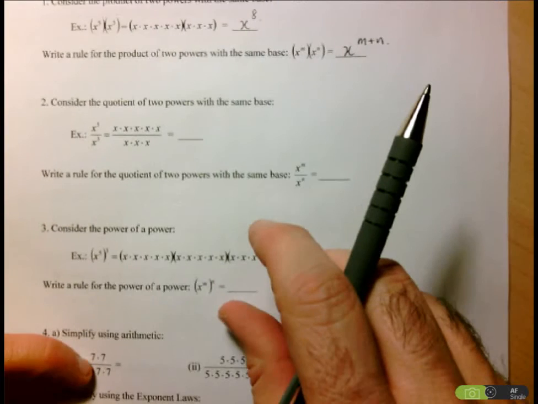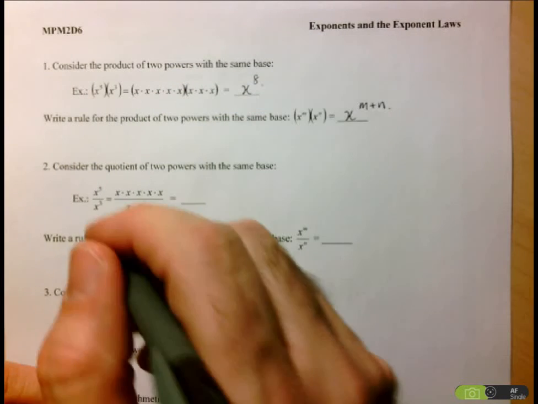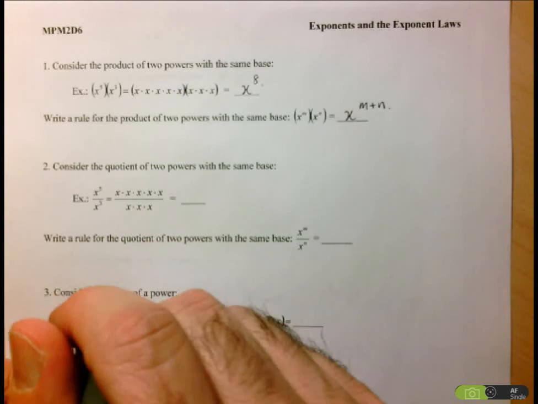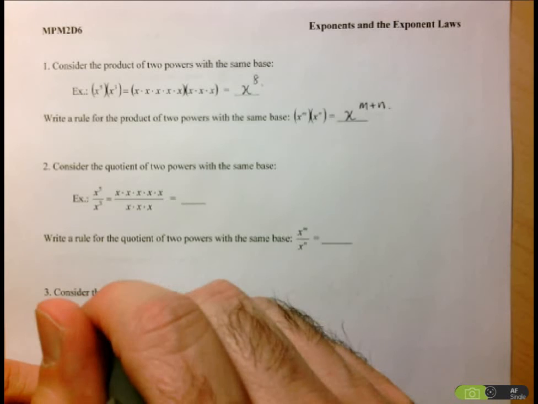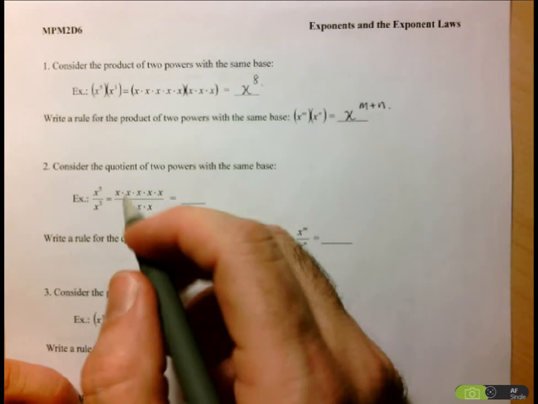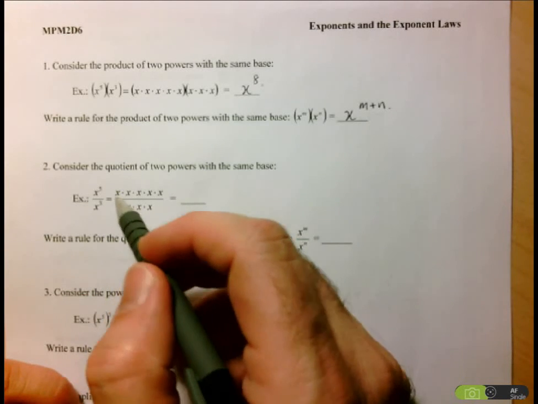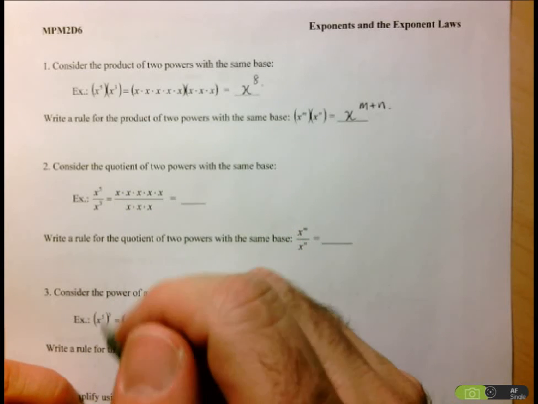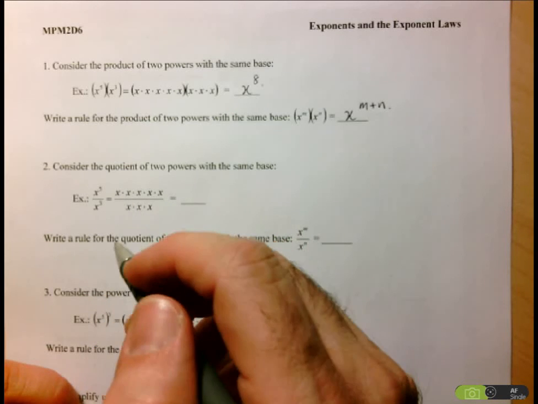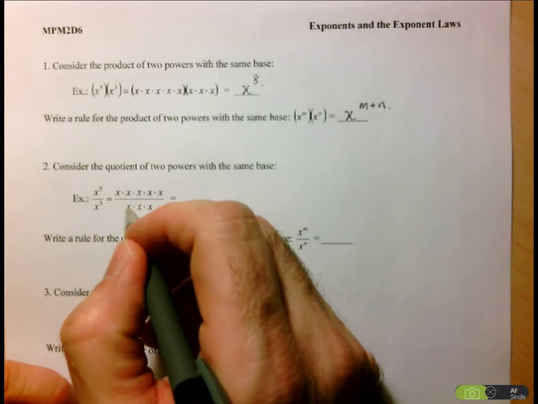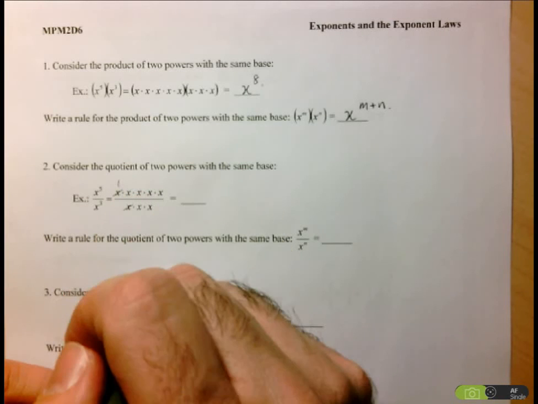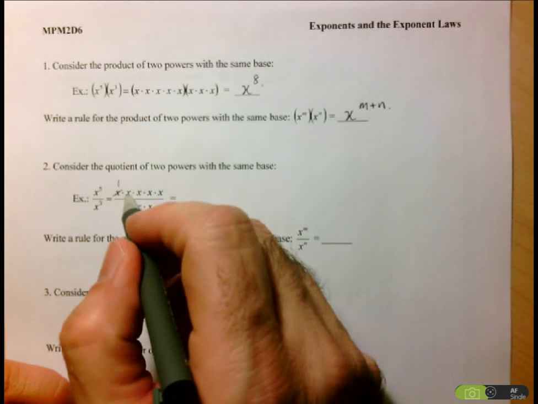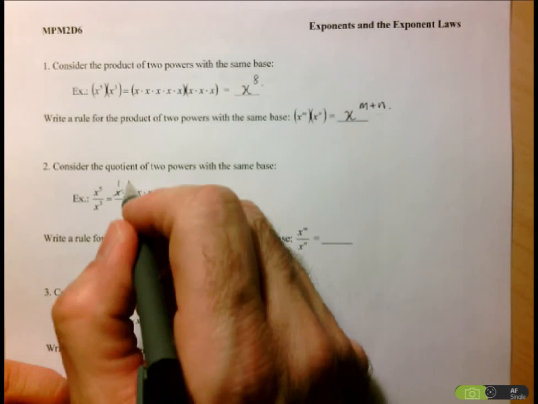Okay, so if we move on to the next one here, we see that we're dividing 2 powers with the same base. Now usually when there's a rule for multiplication, it's almost always a rule for division. So let's see what happens here. We notice that we have a factor of x in the numerator and denominator of this fraction. And when we have a factor that's common in the 2, we can simplify it because x divided by x is just equal to 1. So this is just 1 times whatever's in the numerator. Again, here we see x divided by x is equal to 1.